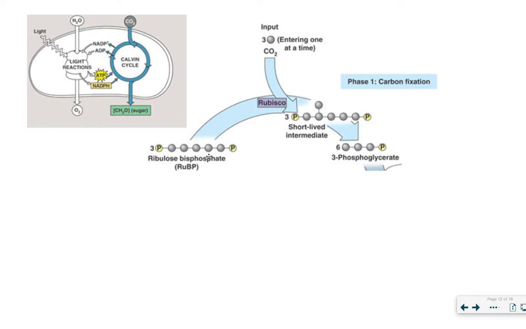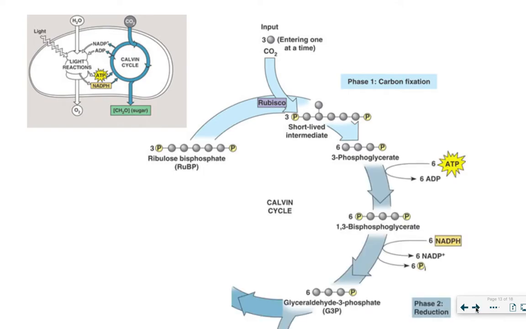Carbon dioxide and RuBP will be joined together by rubisco to form the first intermediate of the process, and that intermediate will continue to be processed as the second phase of the Calvin cycle occurs, which is called the reduction phase.